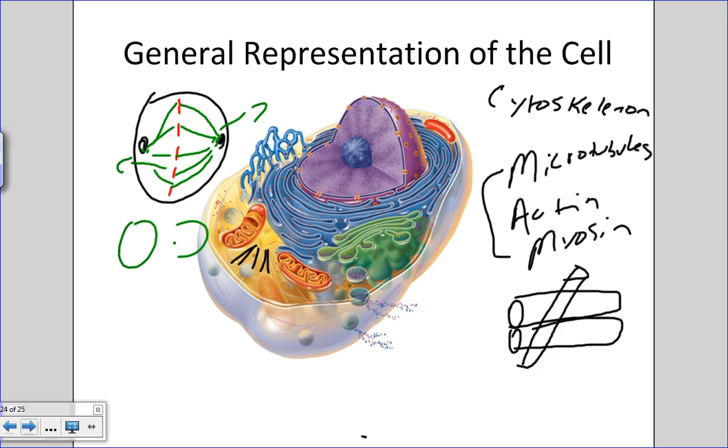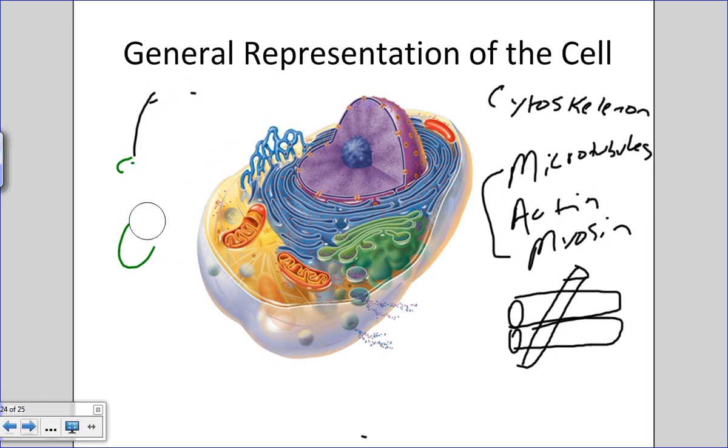So these are very important. We're going to come back to these when we talk about mitosis and nuclear cell division in a little while. But that's all those are, and like I said, those are derivatives of the cytoskeleton as well. So the cytoskeleton forms the framework and also plays a little bit of a role in mitosis or cell division. That's all you really need to know about the cytoskeleton, the framework of the cell.